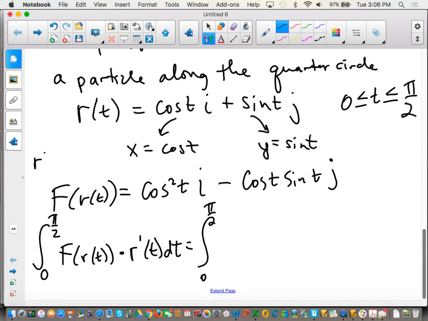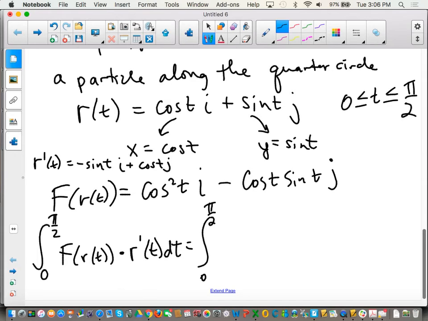So r prime of t is negative sine of t i plus cosine of t j. If you remember, the dot product just simply means you multiply together the corresponding components and then add them.